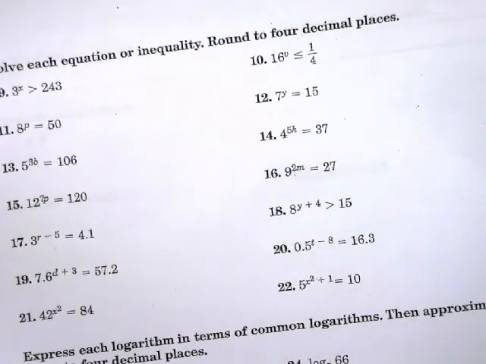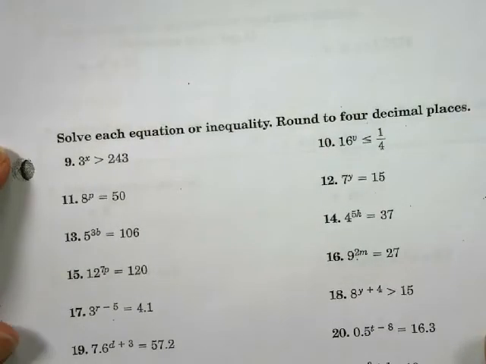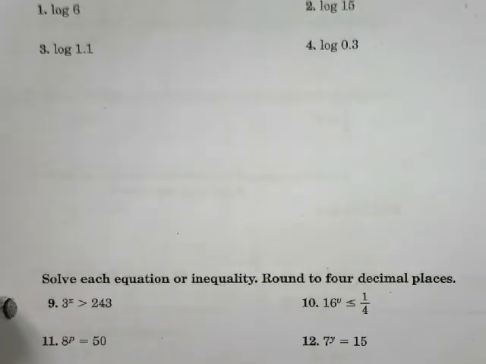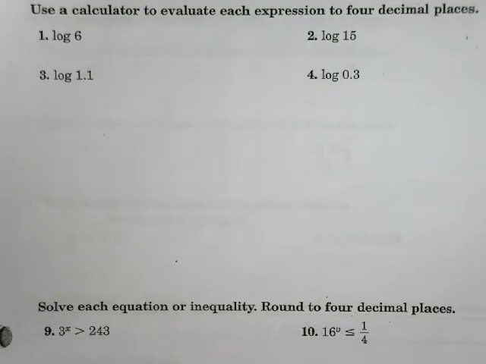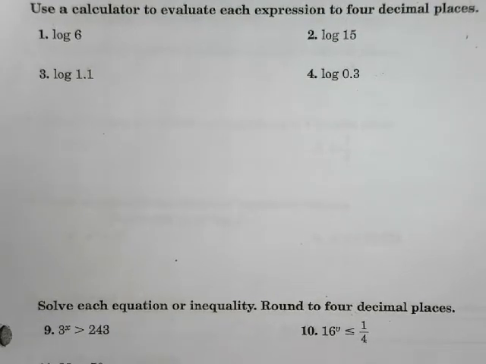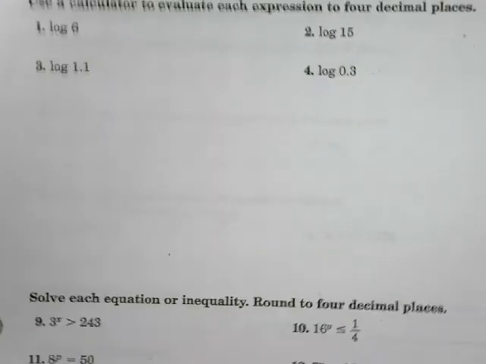Okay. Let's go to your worksheet now. I chopped the middle part out of this worksheet. Yeah, 5 through 8, maybe you needed that for workspace. So 1 through 4, you're just typing those in your calculator, to 4 decimal places. Same thing with 23 through 26 down at the bottom.